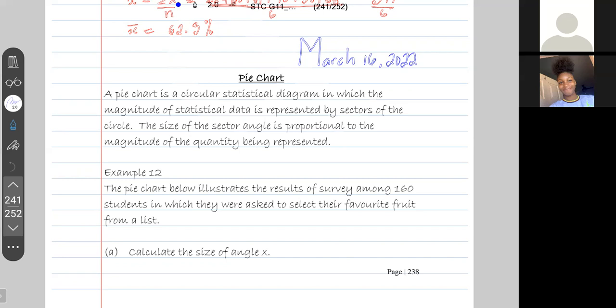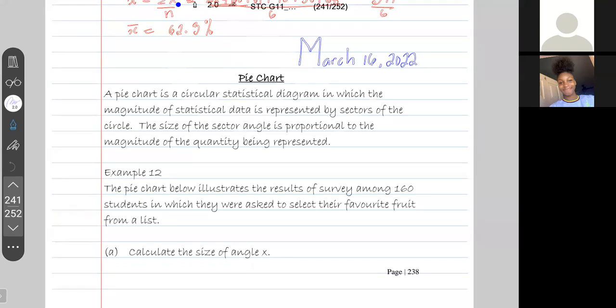Let's have a look at our first example. Example 12 says, the pie chart below illustrates the results of a survey among 160 students in which they were asked to select their favorite fruit from a list.